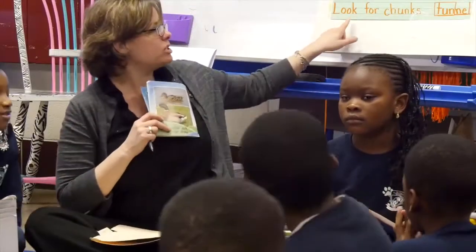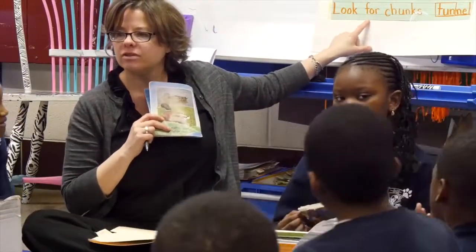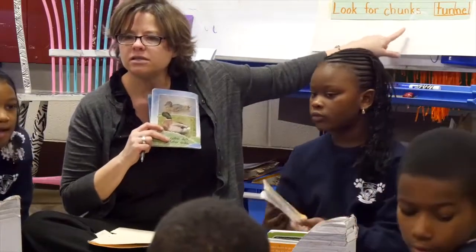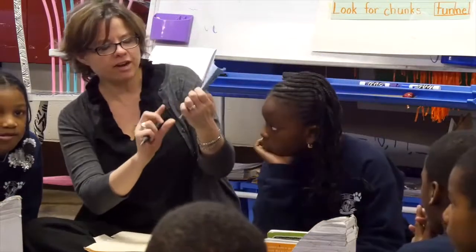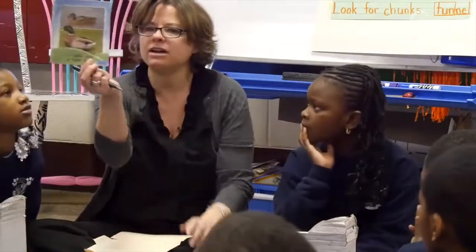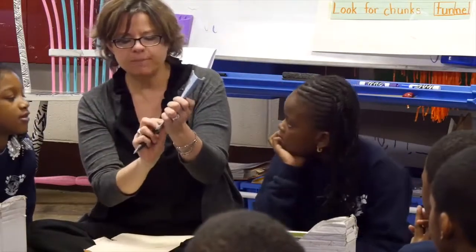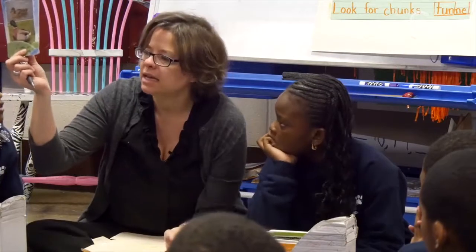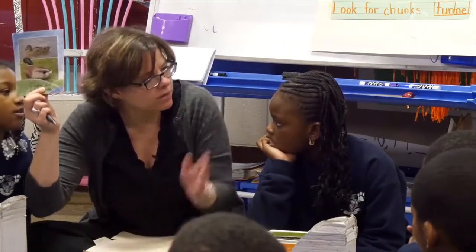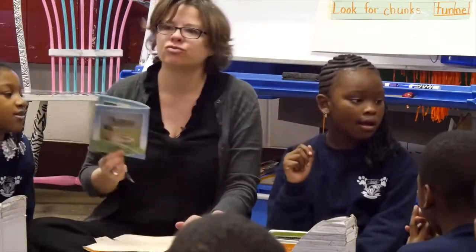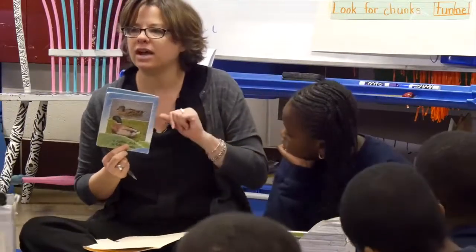And so he used this old strategy that we love. He looked for chunks. And he covered up the last three letters and just did dra. And then he covered up the front and he did ake. And he put it together, and what word did you get? Drake. So he used this fabulous strategy.